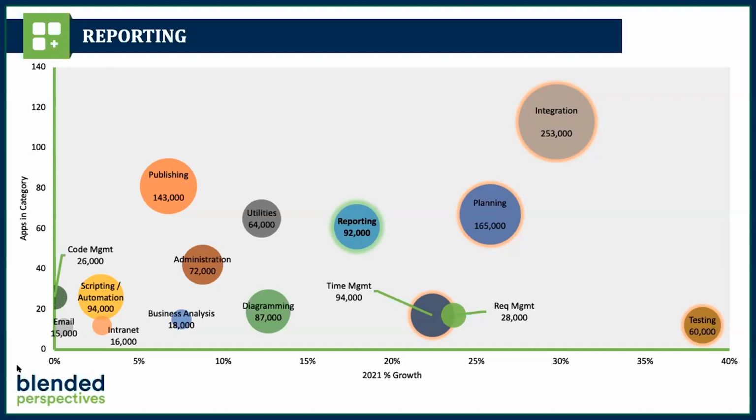So if you look at this graph, on the left side, you see how many apps are in that category. And at the bottom, you will see the growth of 2021. But the interesting part is the actual category. So in this case, we talk about reporting. Reporting has a growth of 20%. There's around 60 app vendors, and there's 92,000 installs, right?